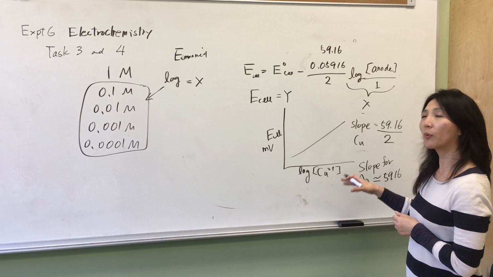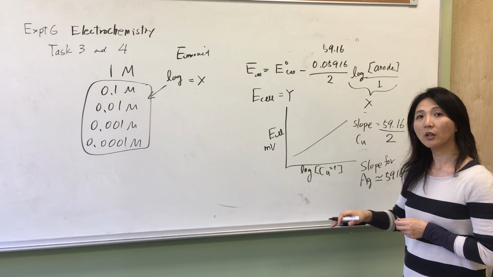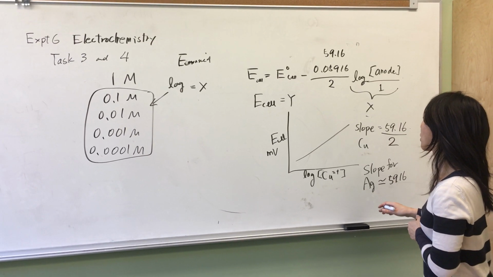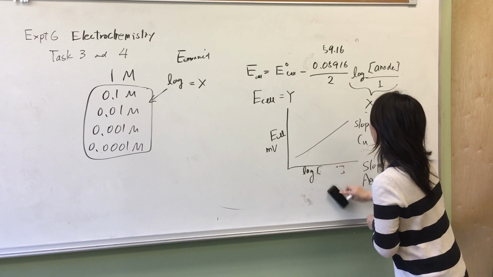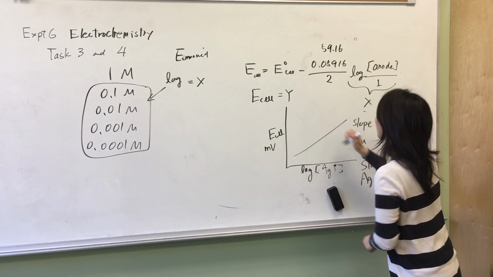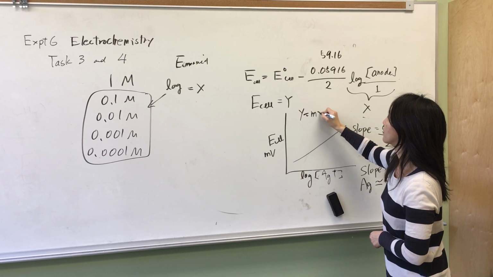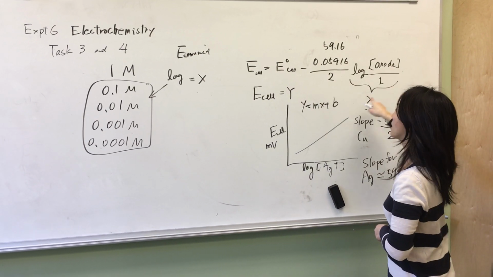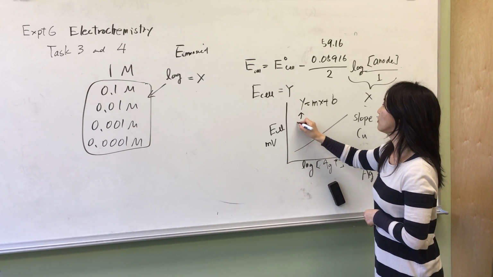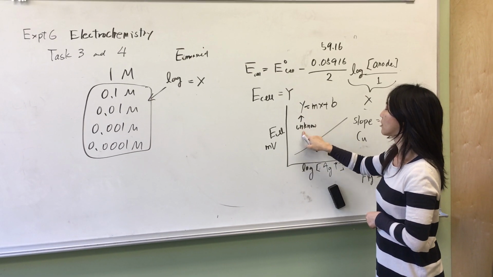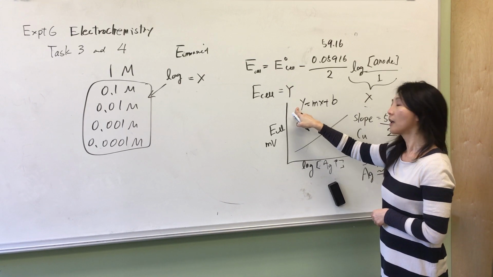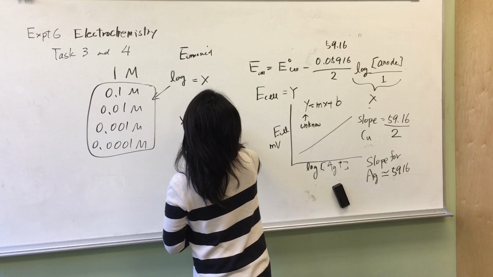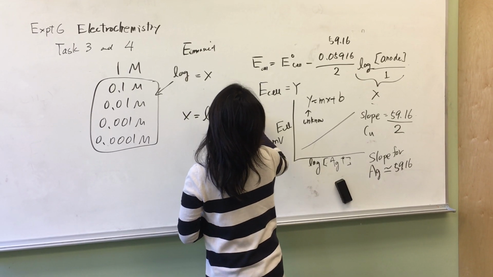Additionally for silver, you need to determine the concentration of the unknown. Once you get the equation for this graph, that's supposed to be E cell, E naught cell, this, you plug the unknown cell potential into Y and solve for X. That X is the log of the unknown concentration.